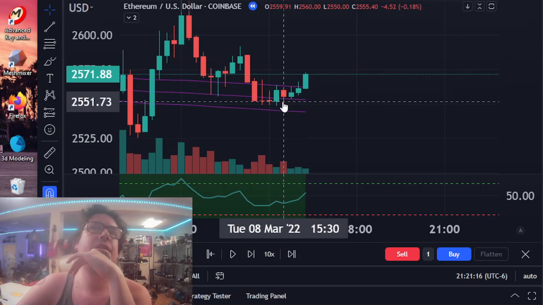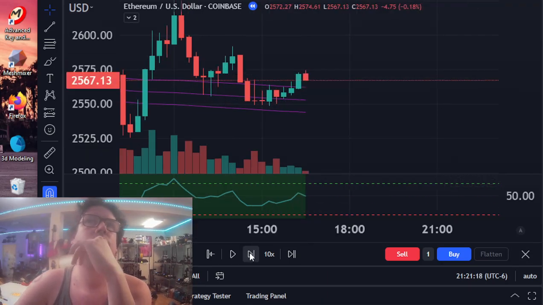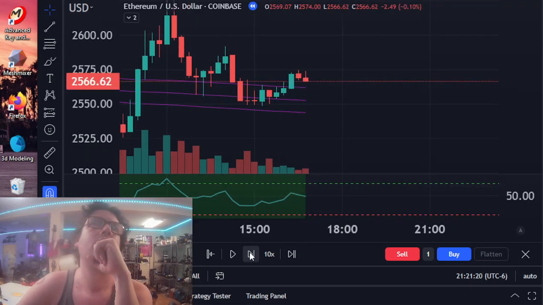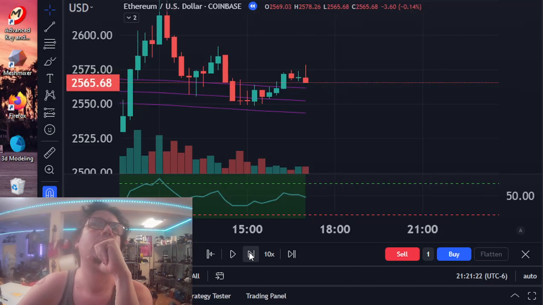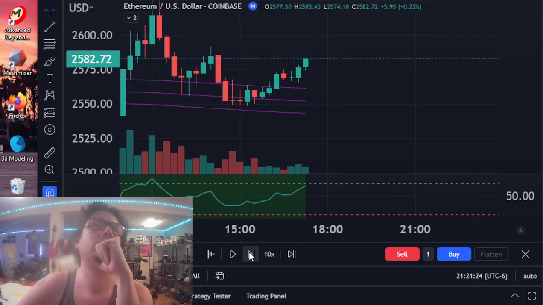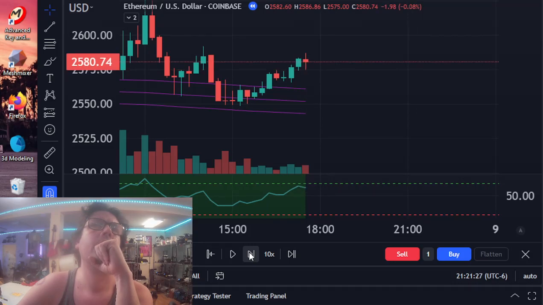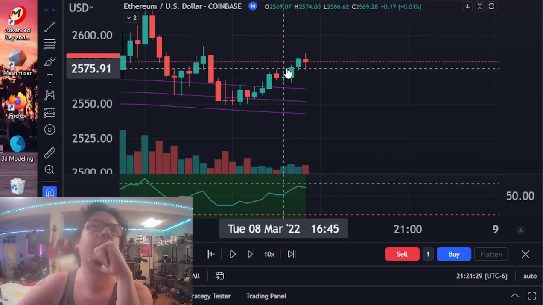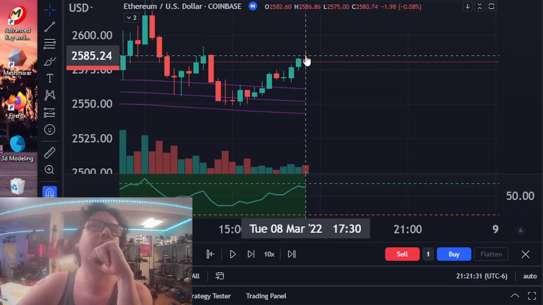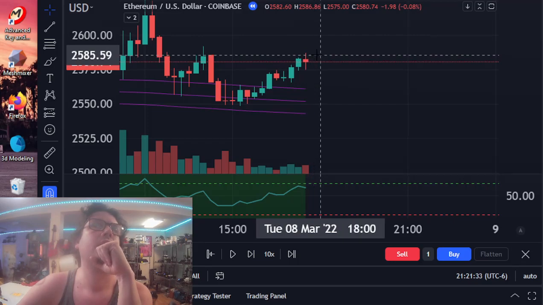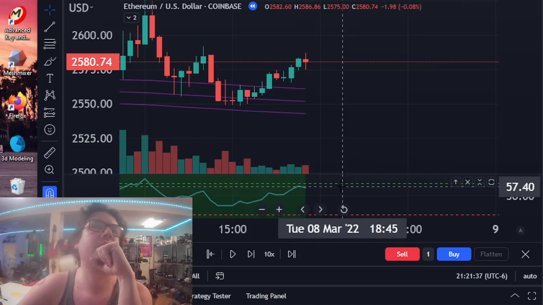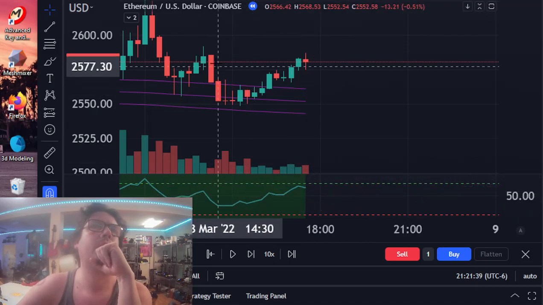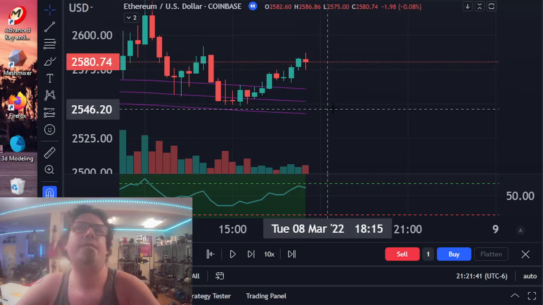VSA there, but the wick's in the wrong direction. That kind of works. Is that, see, this says bullish. Up, sort of down.